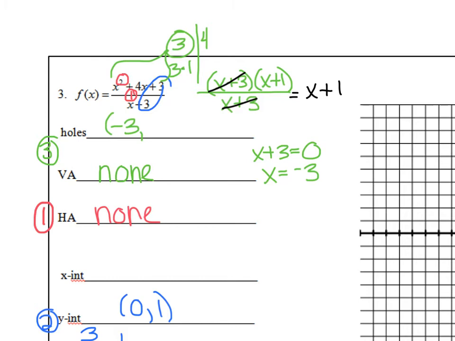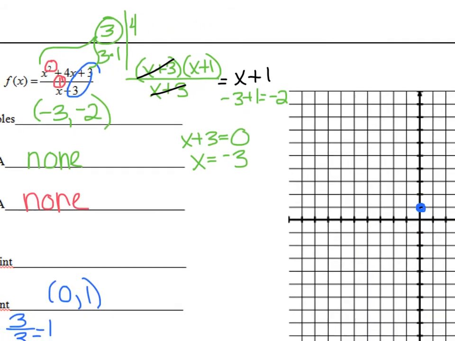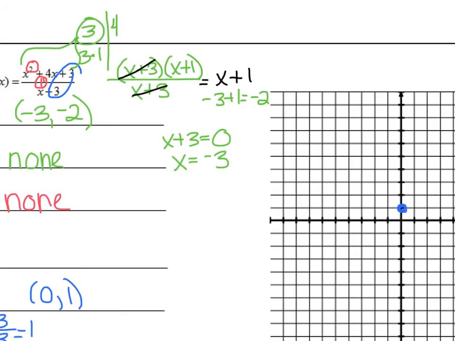So now I take my x value for my hole, which is -3, and I replace it in this x plus 1 to find the y value, which is -2. So my hole is at (-3, -2). So I'm going to go ahead and graph that. Make sure the hole is an open circle.